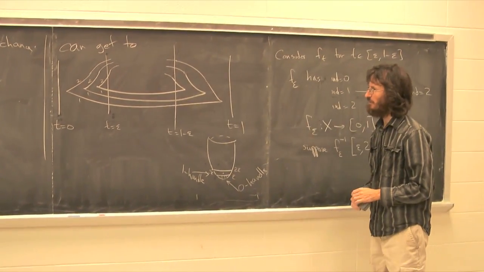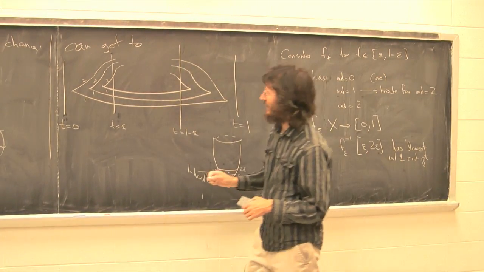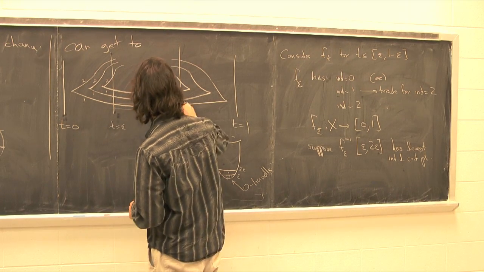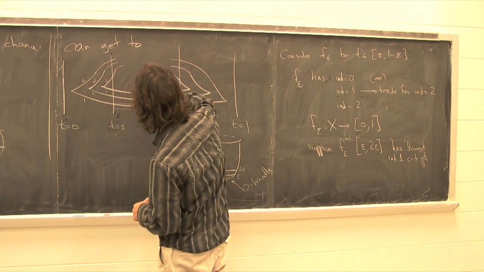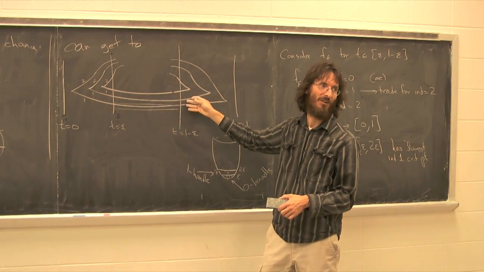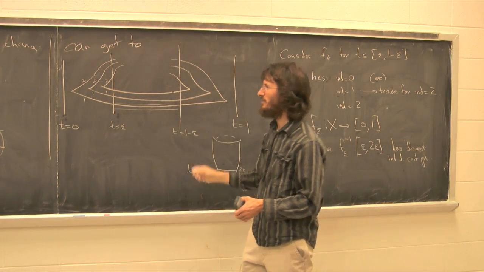However, you can do that all the way across, because once you get these things straight and no handle slides between them, they're just sitting there. Those 1 handles are just sitting there all along, and they're not changing. So you can do that.